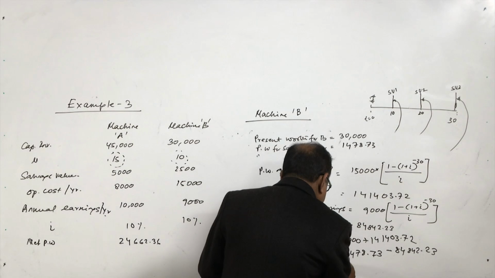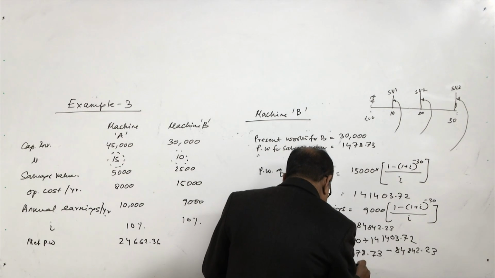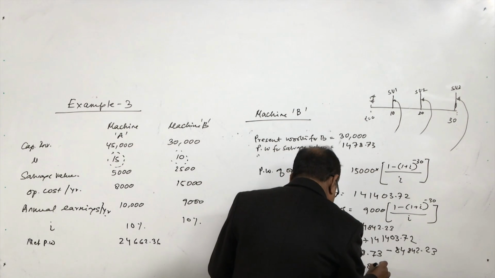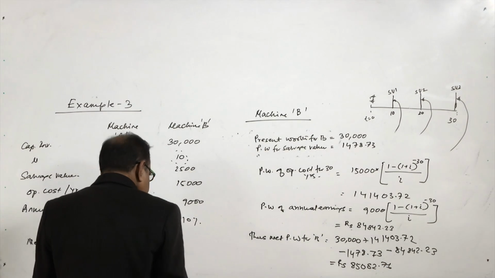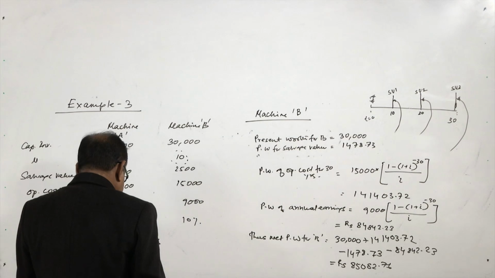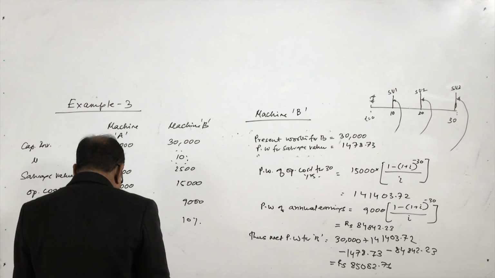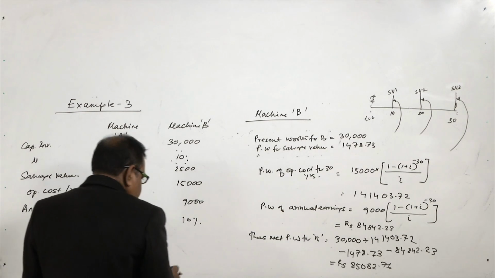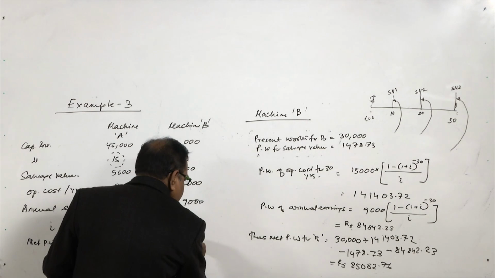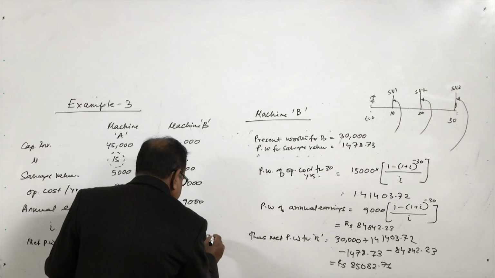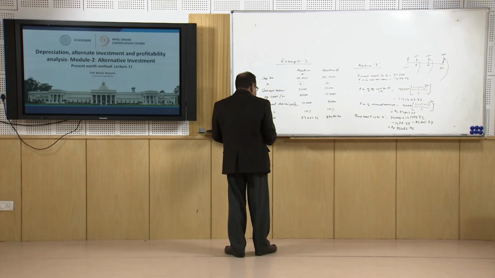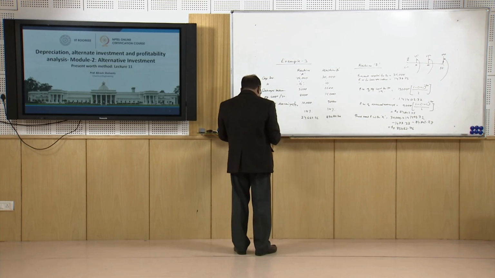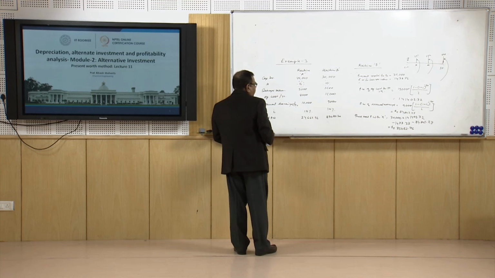This comes out to be rupees 85082.76. So, this is 85082.76. The present worth of machine A is minimum, thus it is selected in comparison to machine B.